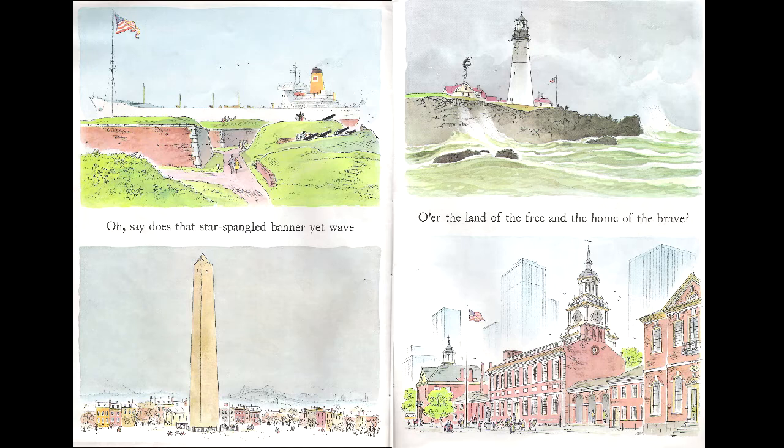At this point in the story, Key does not know whether the British have stopped firing because they successfully captured the fort, or if they had run out of ammunition and failed the attack. In that moment of uncertainty, Francis Scott Key ends his first stanza with a question mark. A question of, is the flag still there? Does it still wave over the land of the free and the home of the brave?